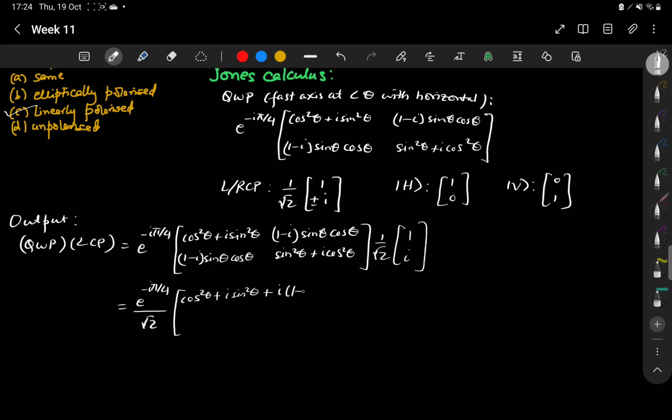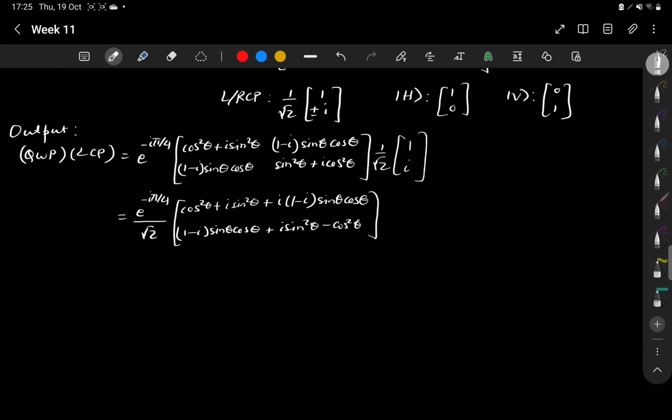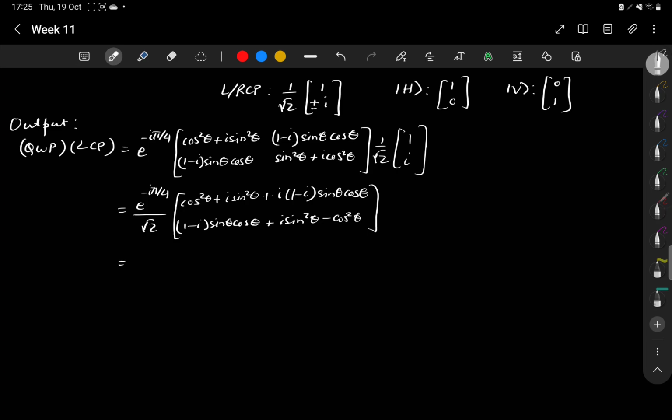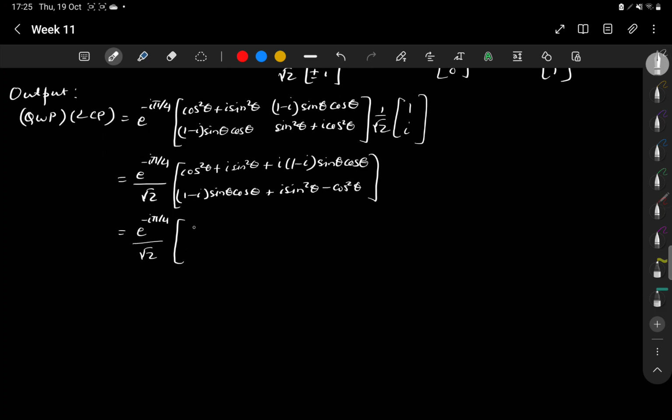Plus i times... and then i squared is minus 1, so minus cos squared theta. Now I can do some simplifications.